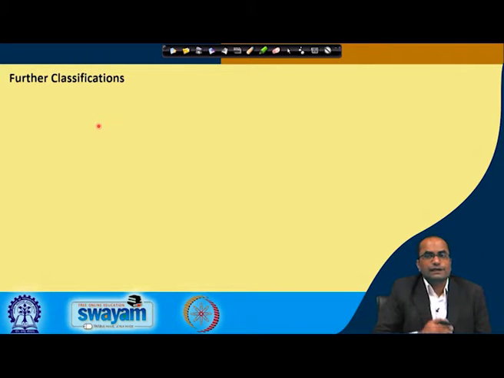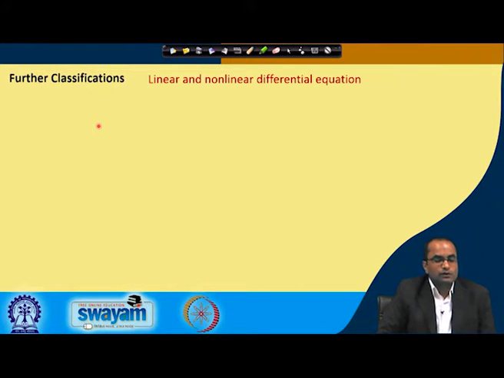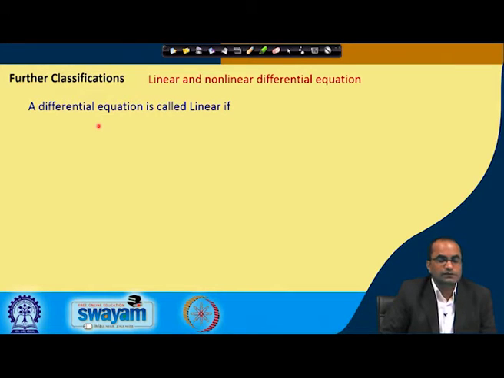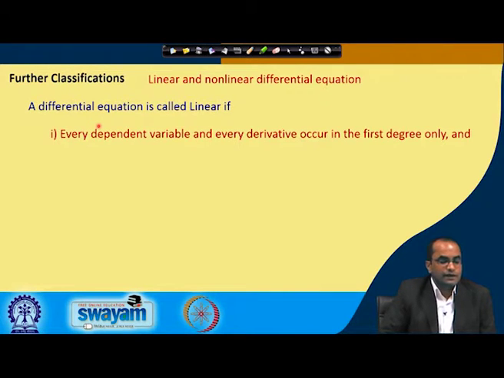The further classification we will talk about is linear and nonlinear differential equations. A differential equation is called linear if every dependent variable and every derivative occurs in the first degree only.